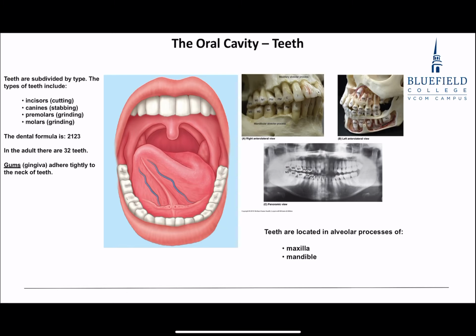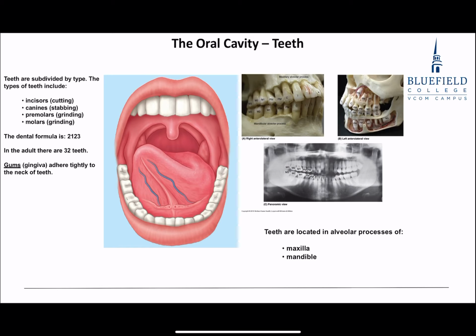So if we take the mandibular alveolar process here, we can divide it into right and left, and we see we have 4 different types of teeth: incisors, cutting teeth, canines, stabbing teeth, and then premolars and molars, which are both grinding teeth. The molars tend to have, I think, 3 or more grinding surfaces, and the premolars have just 2.